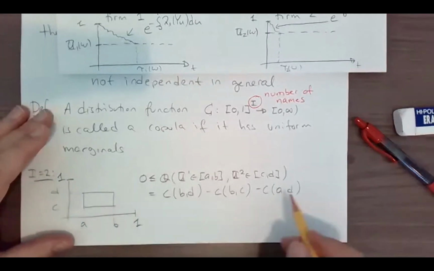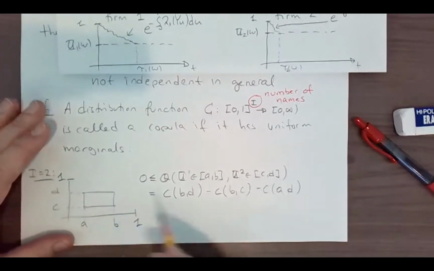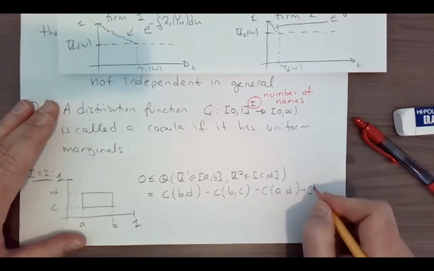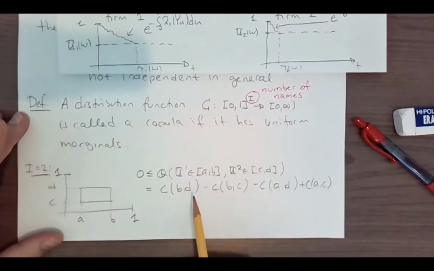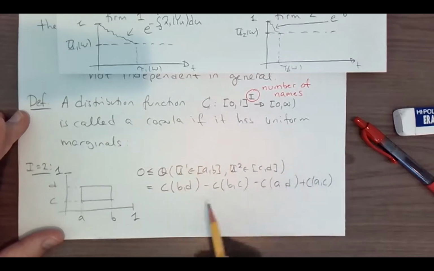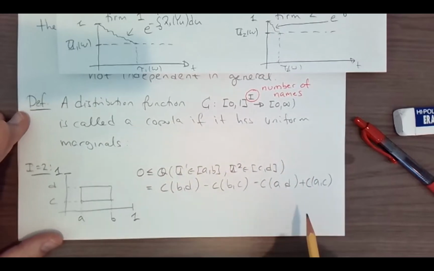And then I subtracted this square down here twice, so I need to add that back. To be a distribution function, I need something like this to be positive. Not all functions are distribution functions.